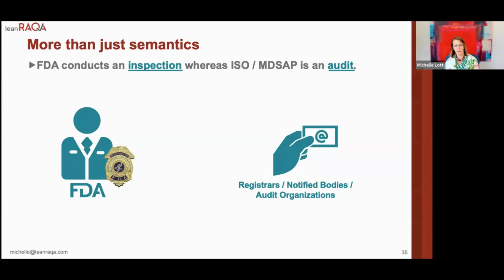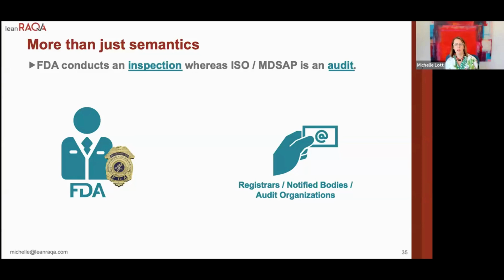So let's talk about some of the differences now. I think this is something that's not going to change, is that for FDA, it is an inspection if FDA comes to your facility. These are usually badge carrying or they have other FDA credentials. And so there's more weight in the inspection.